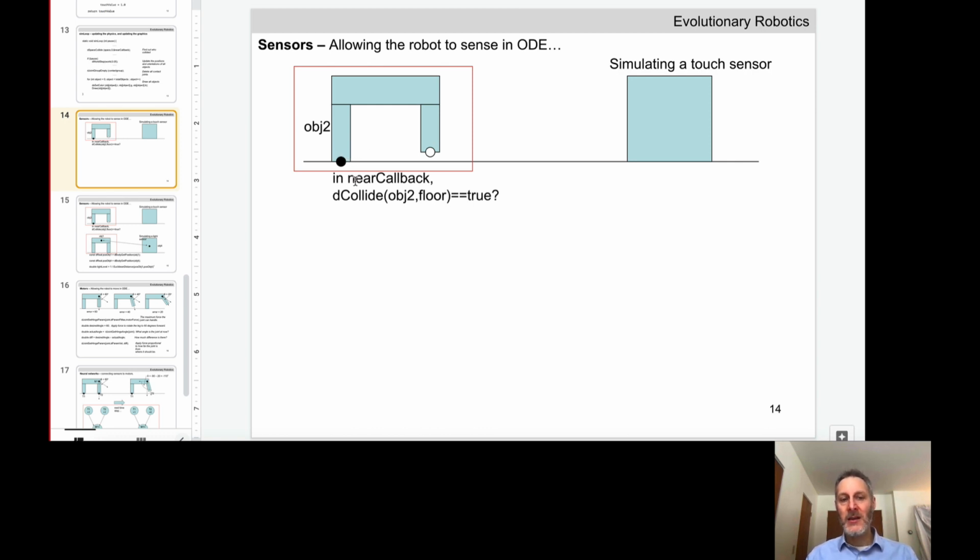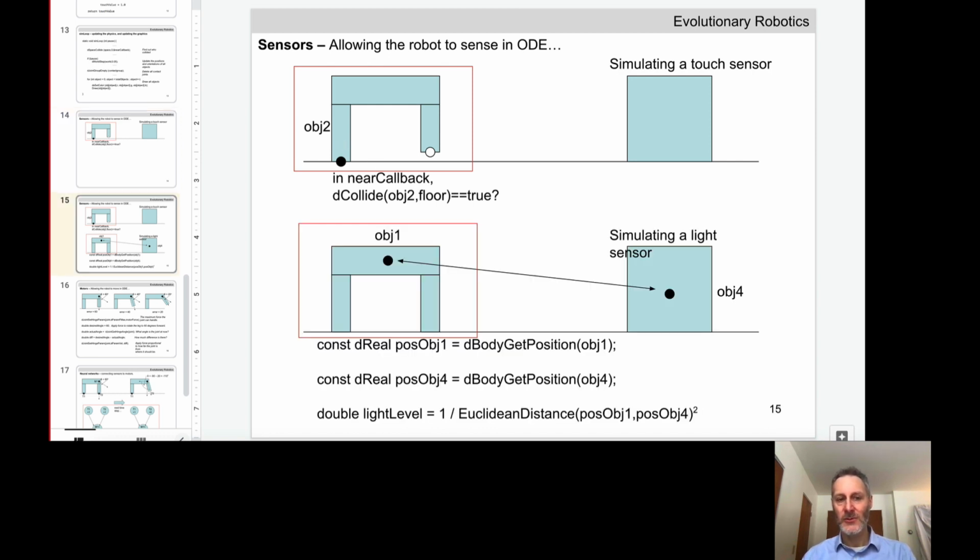If we want to simulate the touch sensor, we want to set the touch sensor in this back leg to 1. We could ask whether the near callback function has been called between this particular pair of objects, object 2, the back leg, and the floor. If that near callback function has been called, the physics engine thinks those pair of objects are in contact with one another, and that's usually enough for us to set the touch sensor to true.